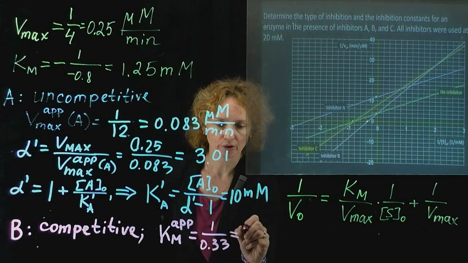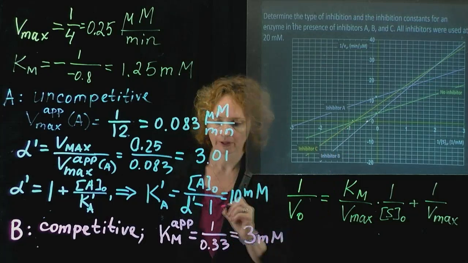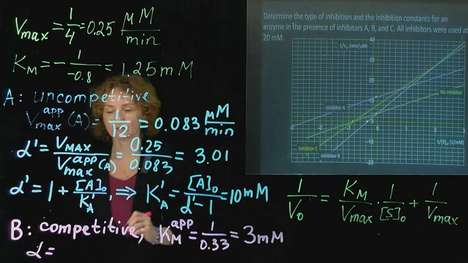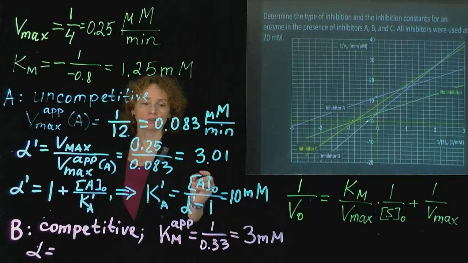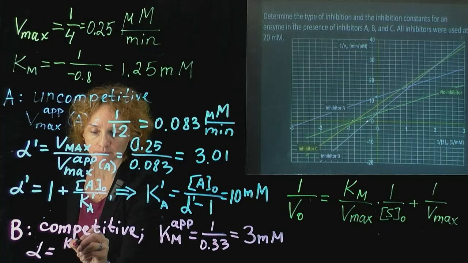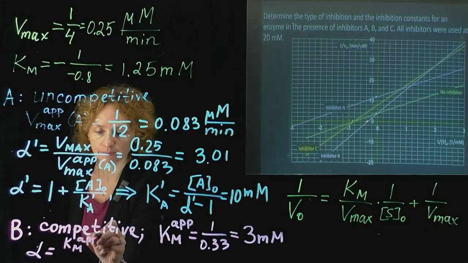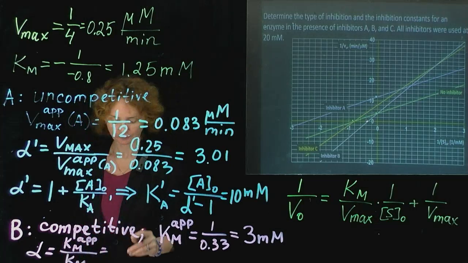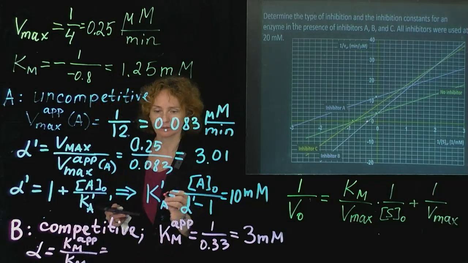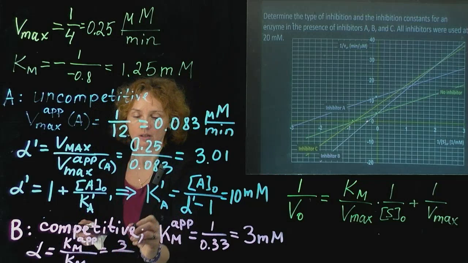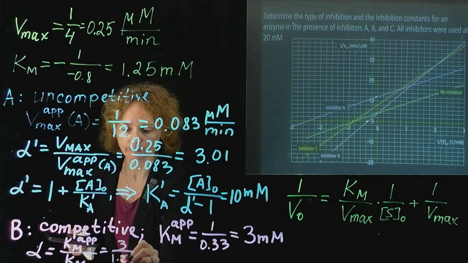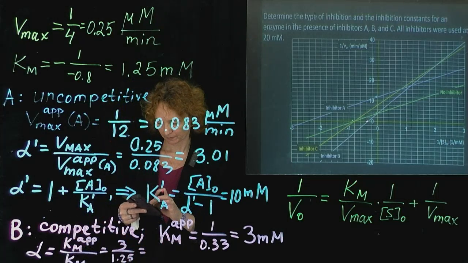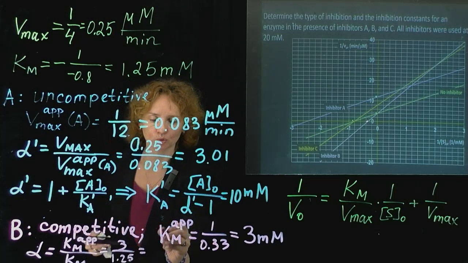So it will be pretty much 3 millimolar. And so alpha, which is the ratio between the apparent Km and the Km in the absence of inhibitor, will be 3 over 1.25, which will be equal to 2.4.